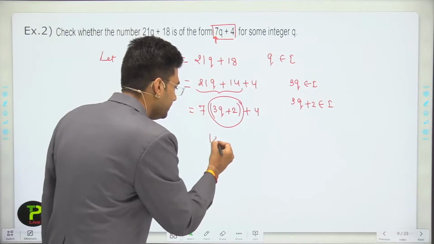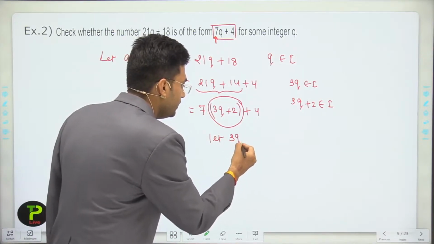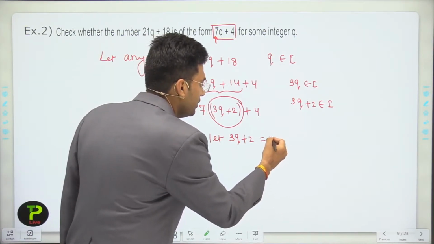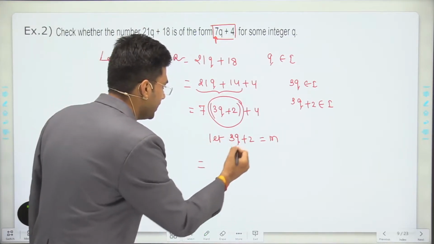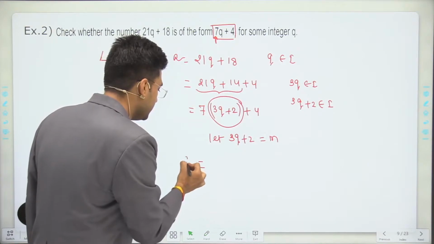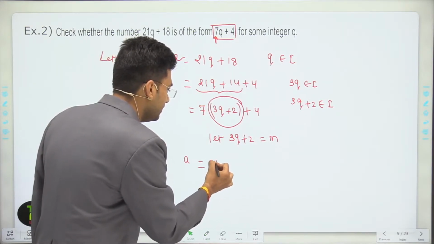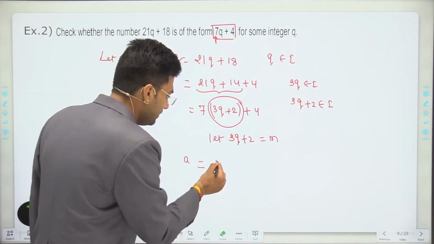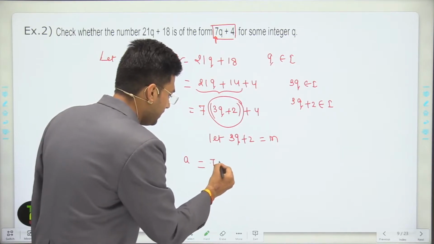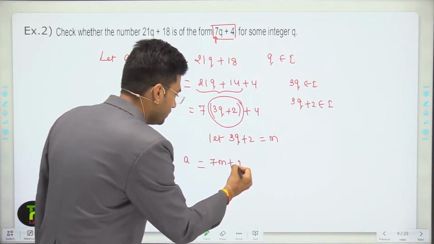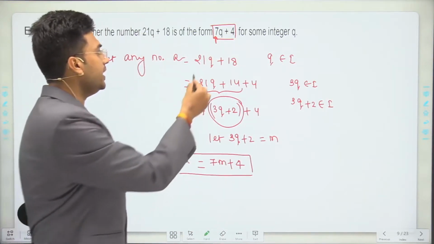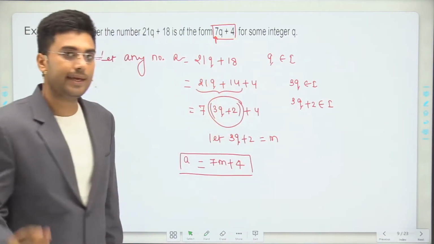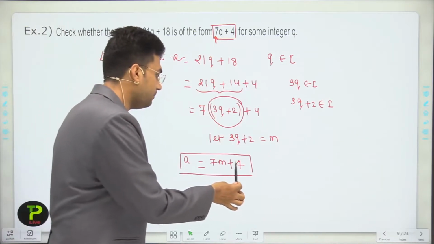So let 3q plus 2 is equal to m. So if this is equal to m, then we can write this number a as 7m plus 4. So the given number 21q plus 18 can be written in the form of 7m plus 4.